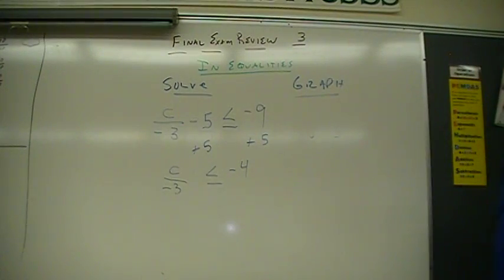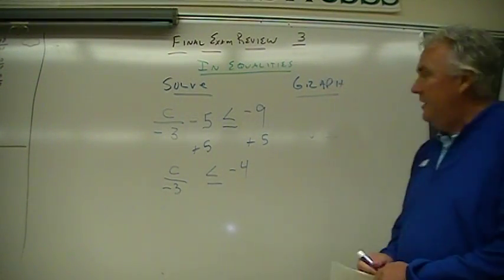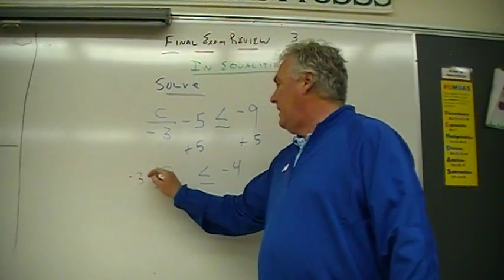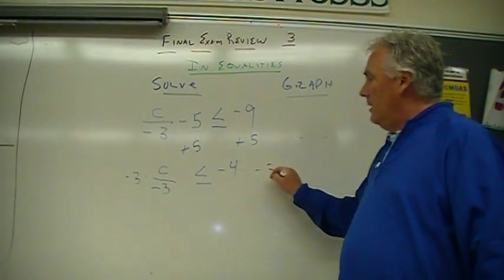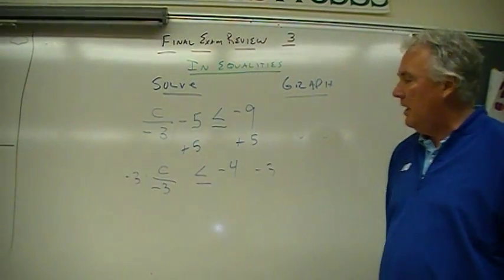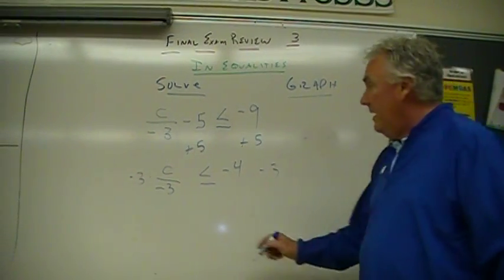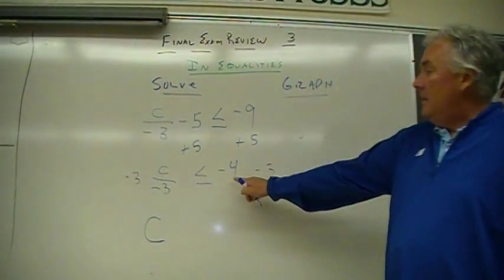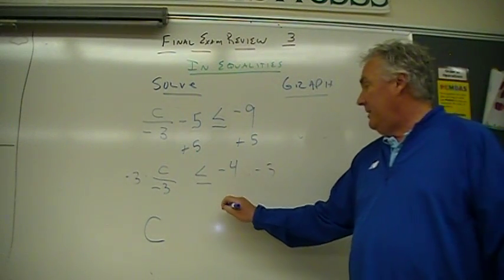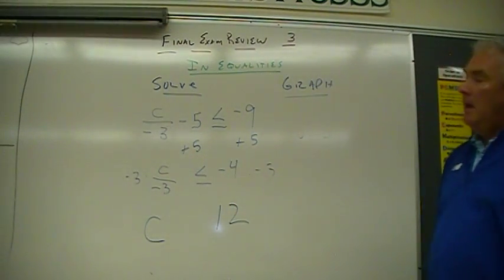So we have that. And then what we're going to do is multiply both sides by negative 3. We have division, so we multiply. So we end up with c, negative 4 times negative 3 is positive 12.